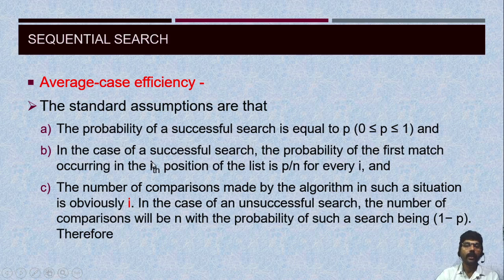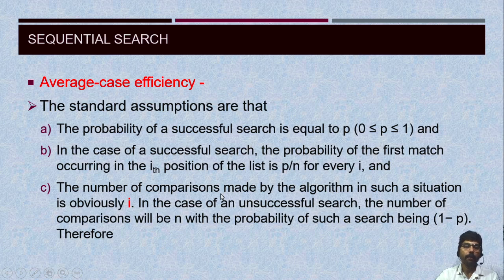In case of a successful search, the probability of the first match occurring in the ith position of the list is p by n for every i. That means if we find the element at the ith position, its probability is p by n.